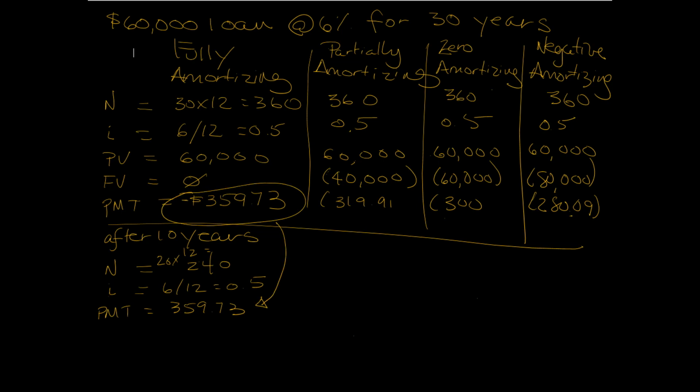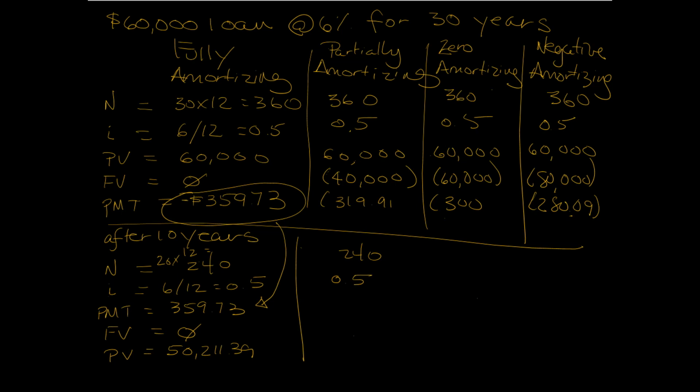Future value is 0 because this is a fully amortizing loan, but we just want to know what the loan balance would be after 10 years of those payments. So if we plug all that in and solve for the present value, we will get $50,211.39.